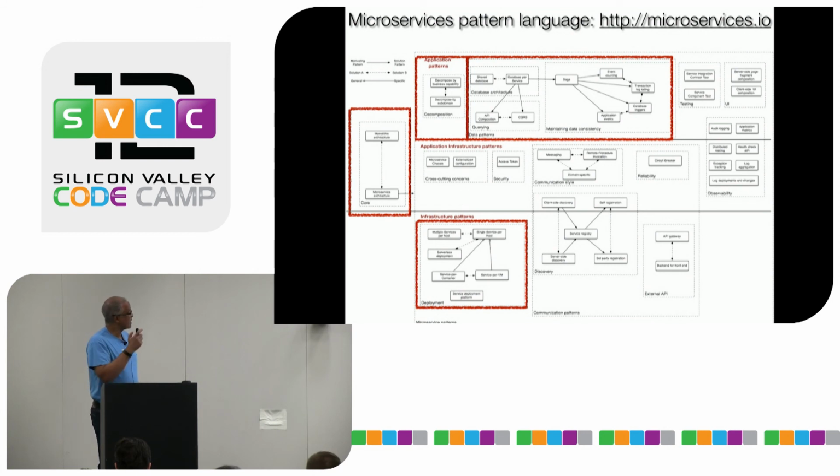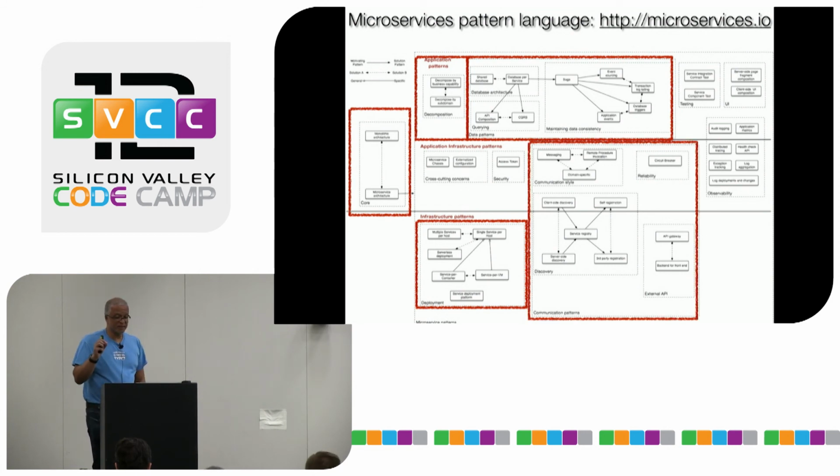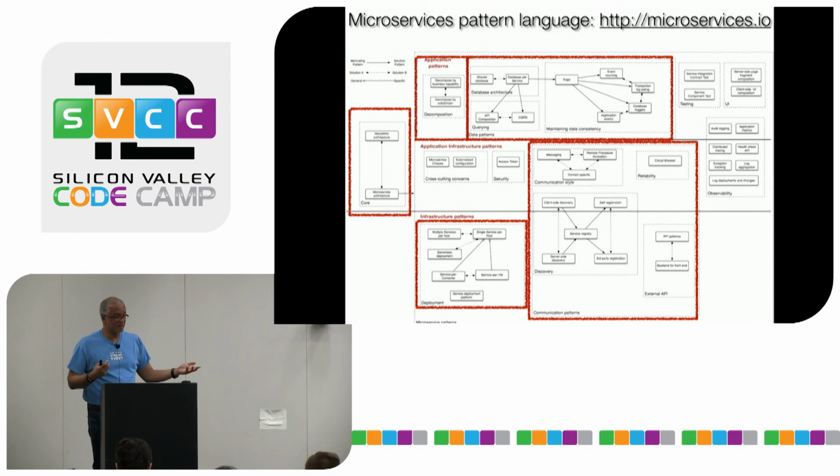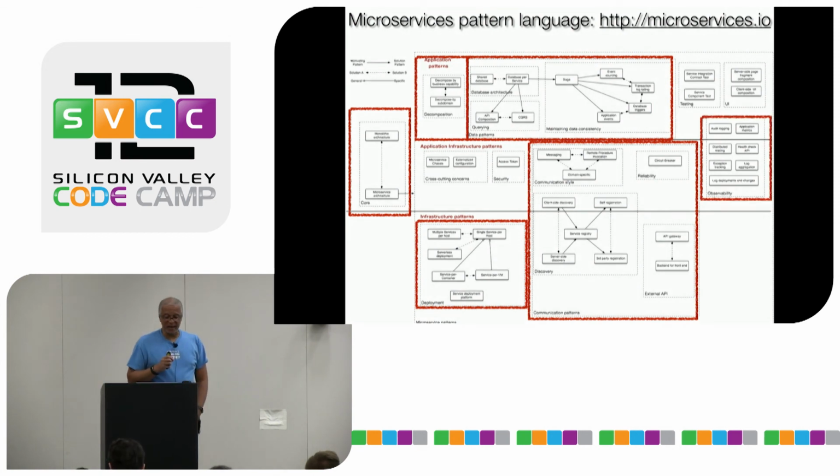And then there's a whole set of inter-process communication-related patterns, like, am I going to use messaging or RPC or REST? How does one service discover the IP address of another service in order to make an HTTP request to it, for instance? So there are discovery patterns. And then the other significant group are the observability patterns.